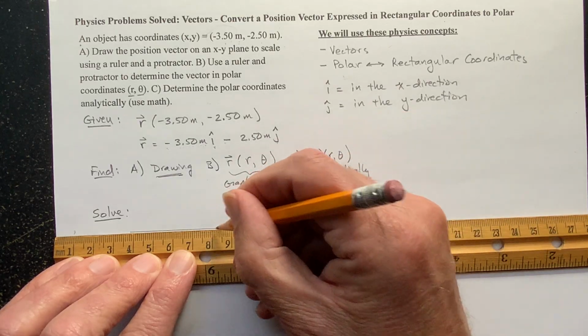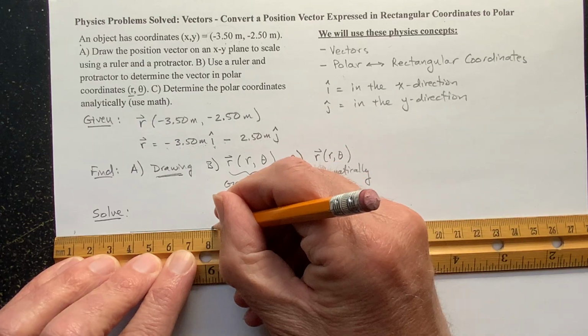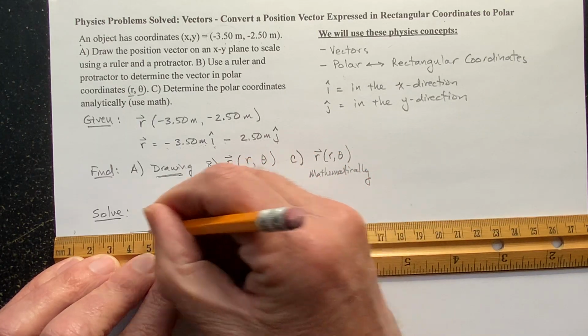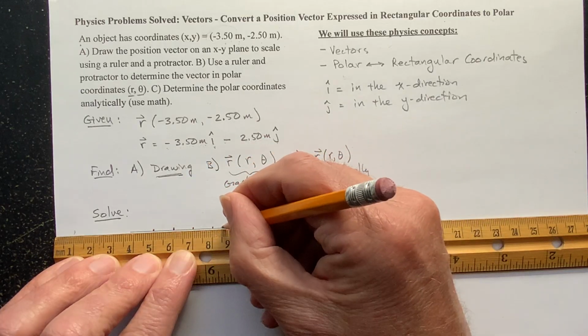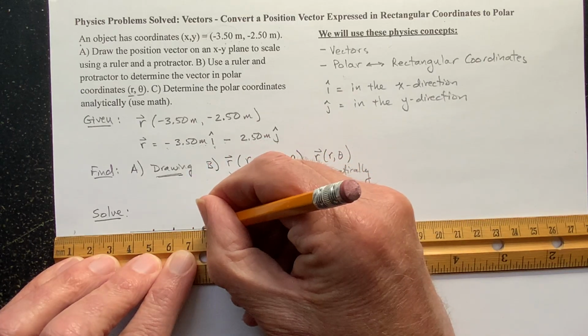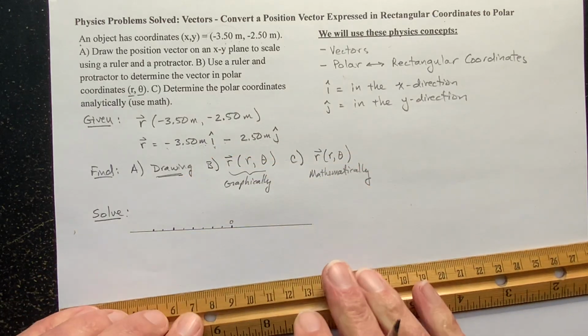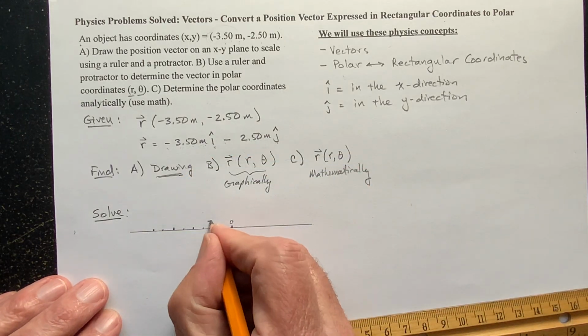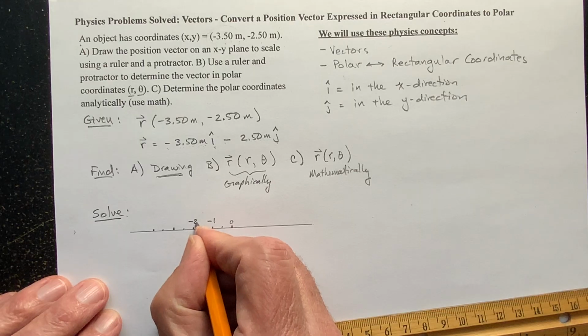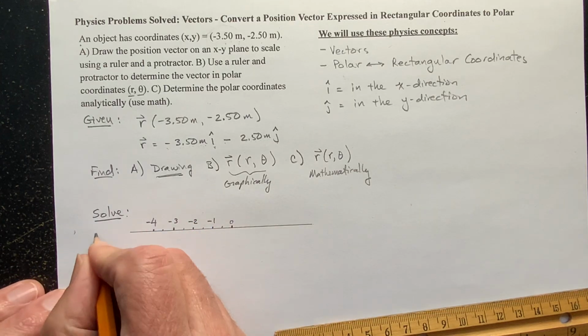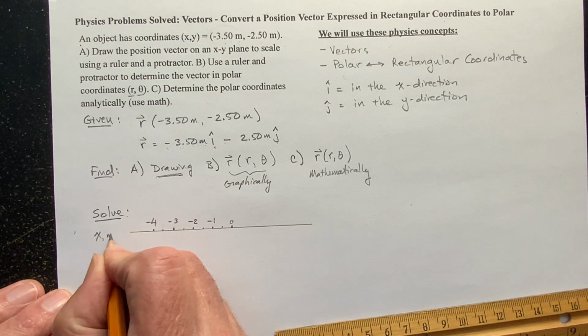So there's the origin. And then we have 1, 2, 3, 4. And then I'll put the half meter marks as a smaller dot. And so this is -1, -2, -3, -4, and this is x in meters.